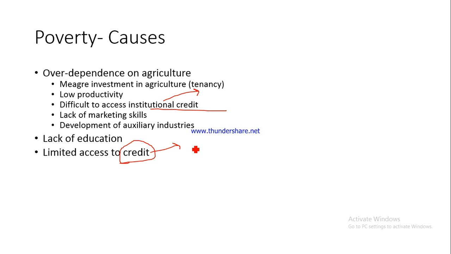Now the government is saying that they would be provided a loan of up to rupees 50,000, and this loan would be provided without the need for them to furnish any security. So these kind of initiatives are being taken by the government specifically to improve the access to credit for these people who are poor, be it in the rural areas or the urban poor.